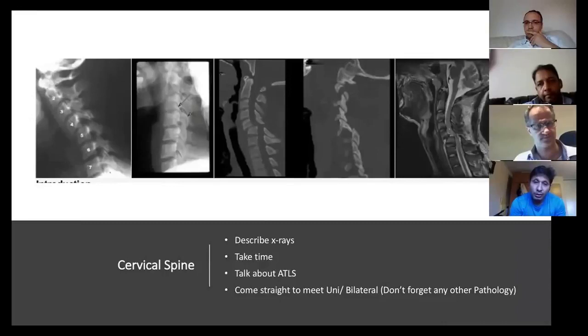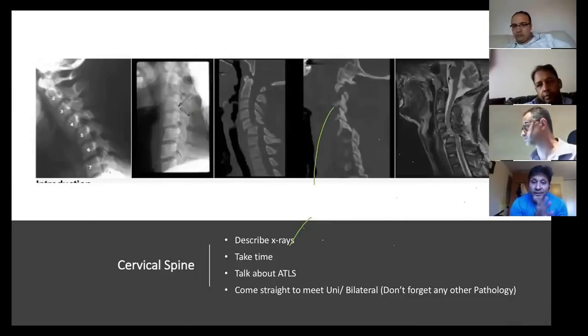You need to describe the soft tissue shadow and the percentage of slipping, and show them that you are ready to take on this topic. So basically describe the X-rays. Take your time. Don't forget to talk about ATLS, okay? And come straight to the meat.